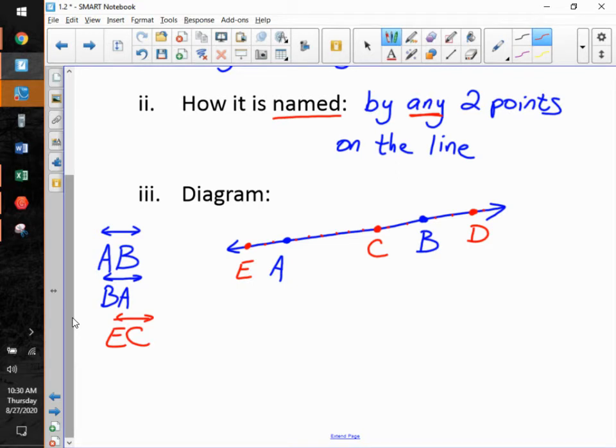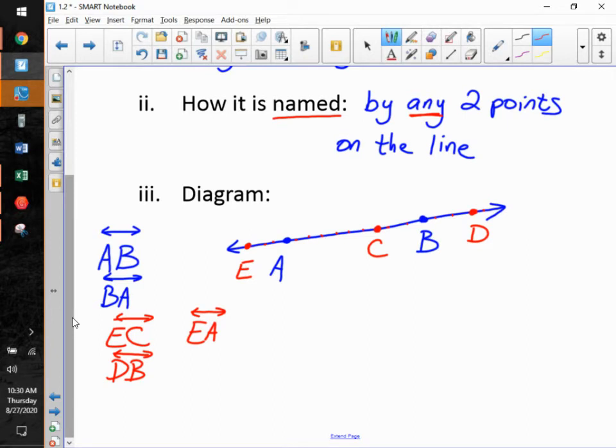We could name this line DB, because those are 2 points that are on this line. We could name it EA, because those are 2 points that are on that line. With 5 points that we've identified, we actually have 20 different ways of naming this line here. 5 options for your first point, and then 4 remaining for the second.